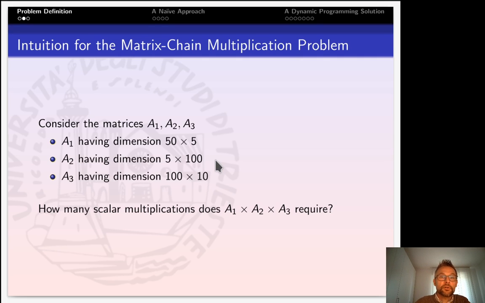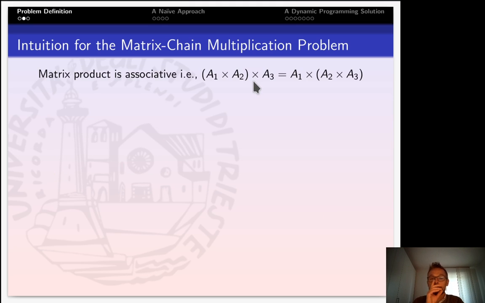Okay, so the problem is rather clear, nothing special, quite easy to solve, right? Let's see. The matrix multiplication is associative.